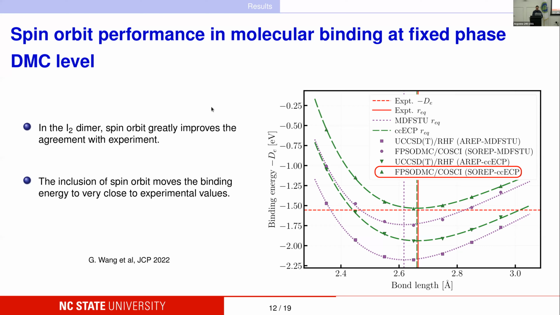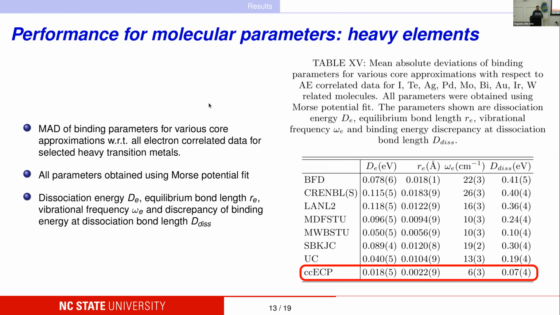And you can see that our vertical green dashed line is very close to lying within the error bars of the experiment in this case. So we can see that spin orbit really corrects from our AREP case and moves us very close to the binding energy that we expect from experiment.